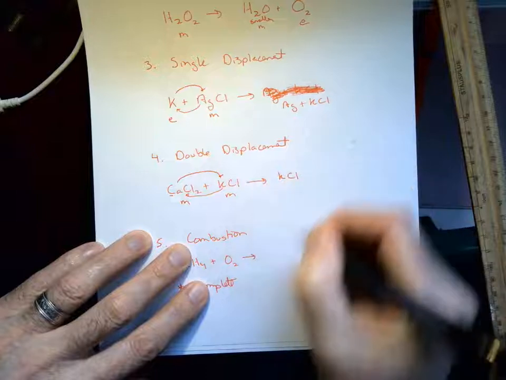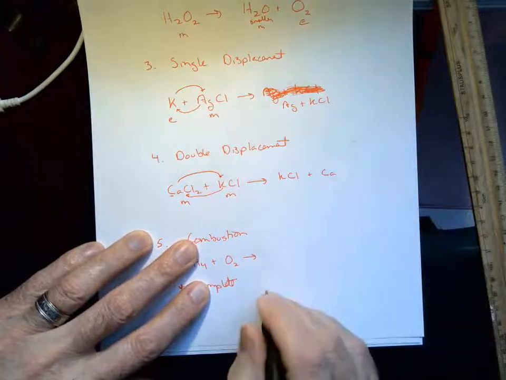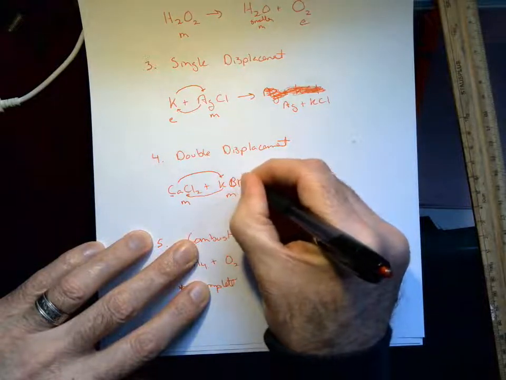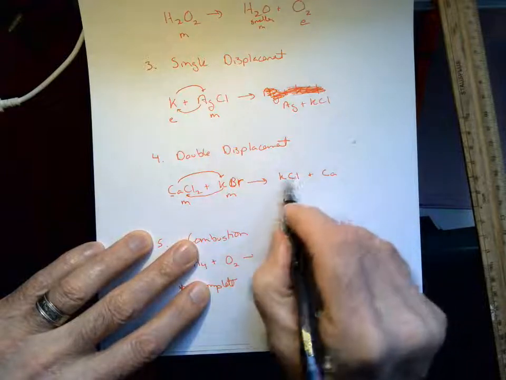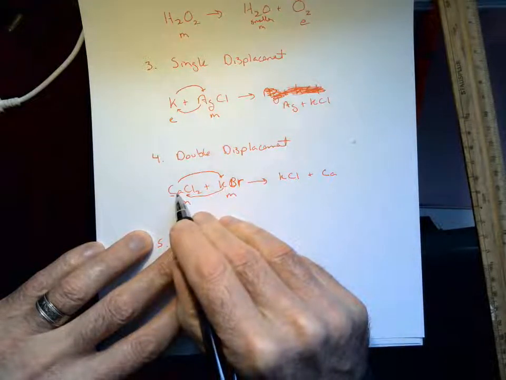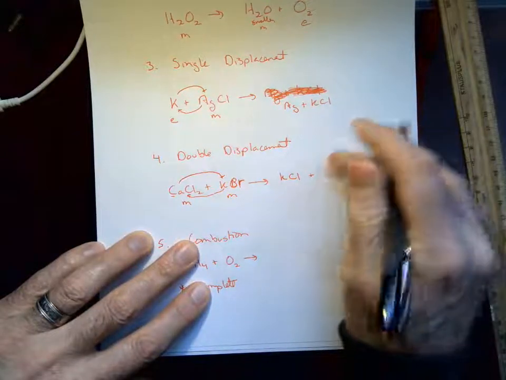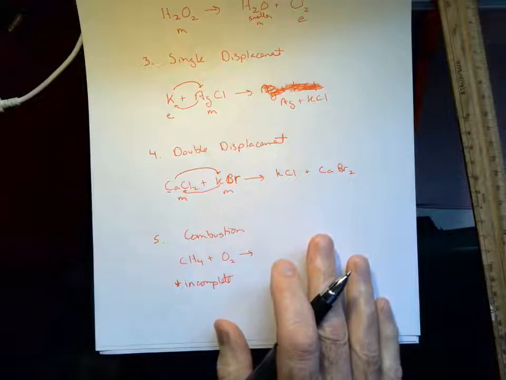So the K is now with the Cl. And the Ca, whoops, I wrote the same element down here. I should have maybe Br here. So the K is now with the Cl and the Ca is now with the Br. Okay, I'm not balancing these. I'm just showing the patterns.